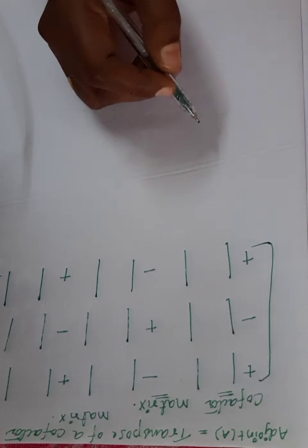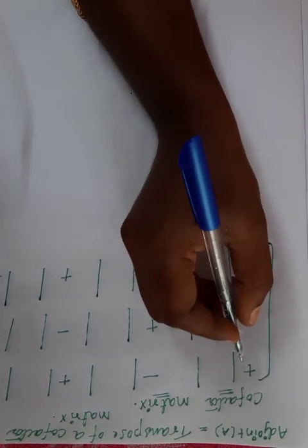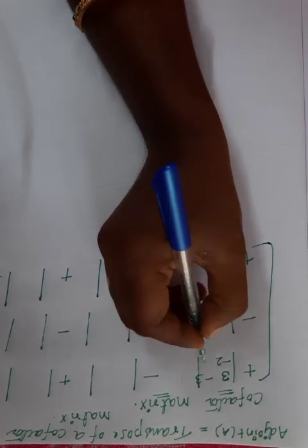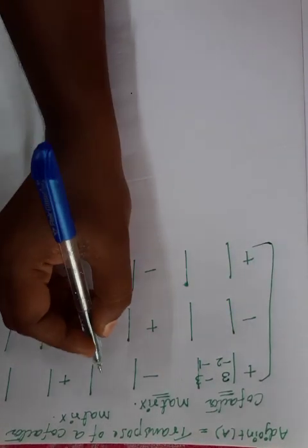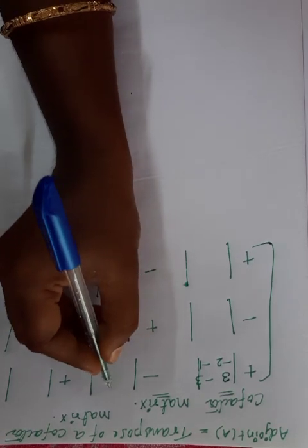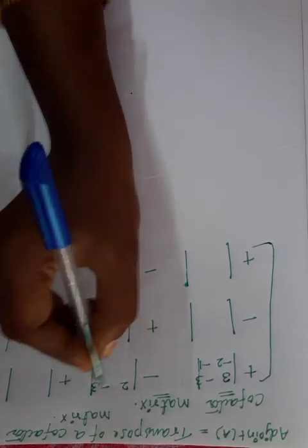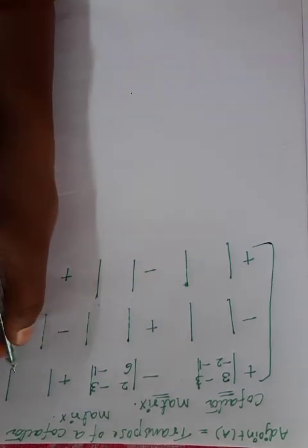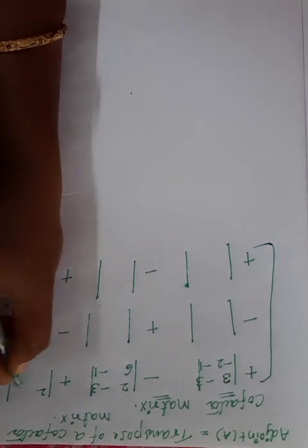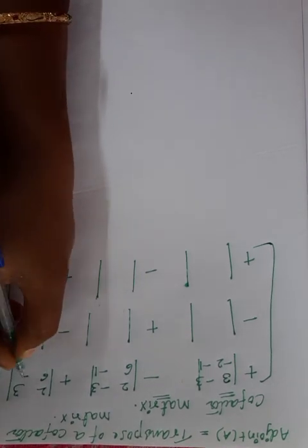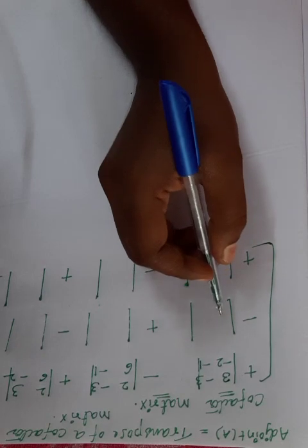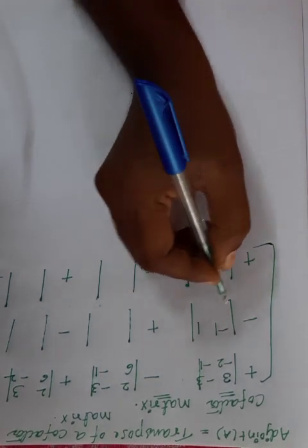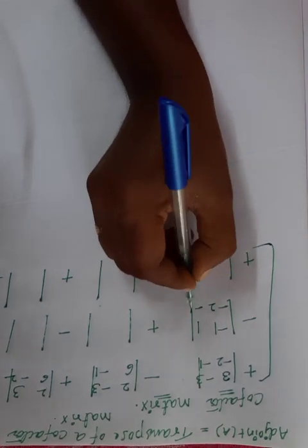Now the minor of 1 is 3 minus 3 minus 2 minus 1. Next, the minor of minus 1 is 2 minus 3 6 minus 1. The minor of plus 1 is 2 3 6 minus 2. The minor of 2 is minus 1 1 minus 2 minus 1.